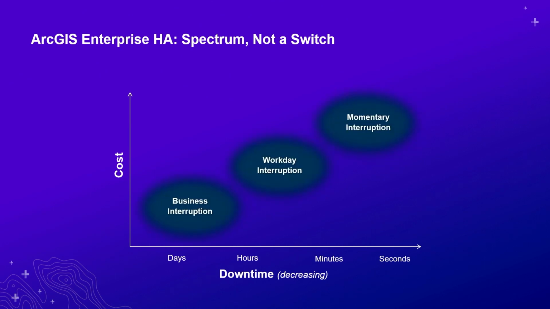As your requirements for being highly available increase, so do the costs. Again, as I mentioned, the cost to support only seconds worth of downtime is far greater than the cost to support a day's worth of downtime.